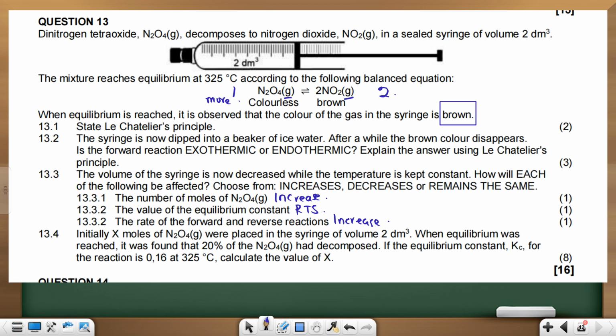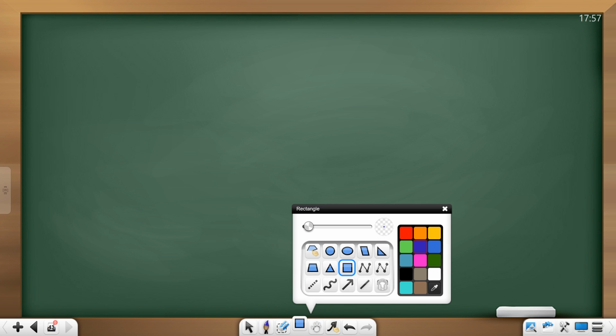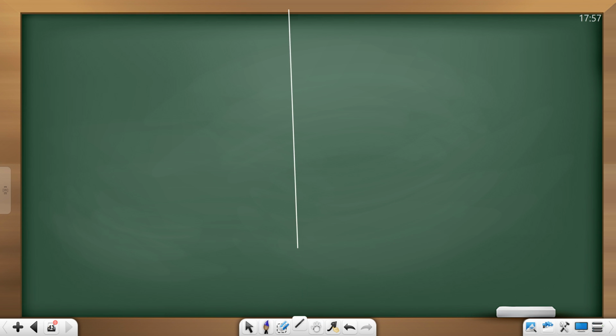When equilibrium was reached, it is found that 20% of N2O4 had decomposed. The equilibrium constant is 0.16. Calculate the value of X. 8 marks. My beautiful learners, it's 8 marks that is easier than writing your name.